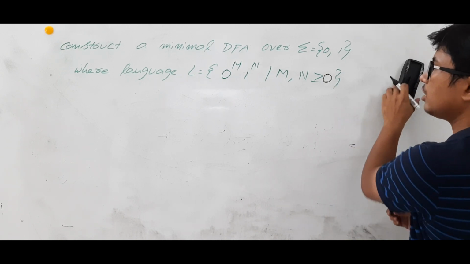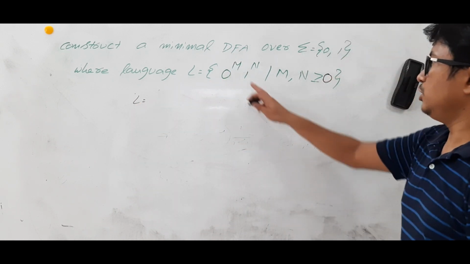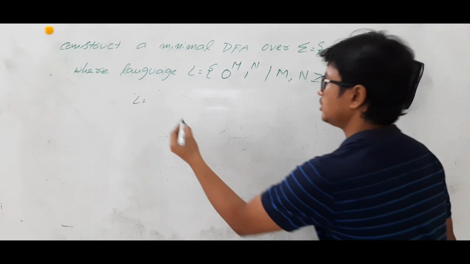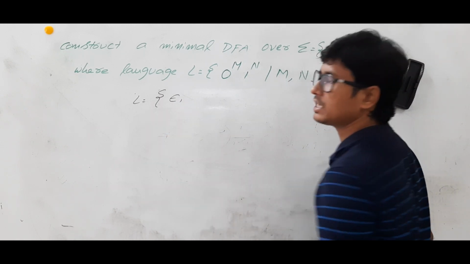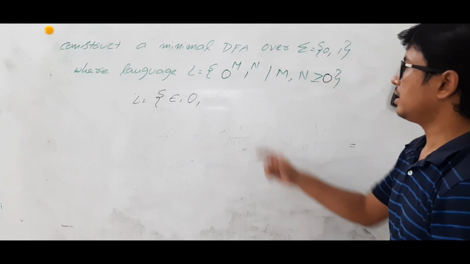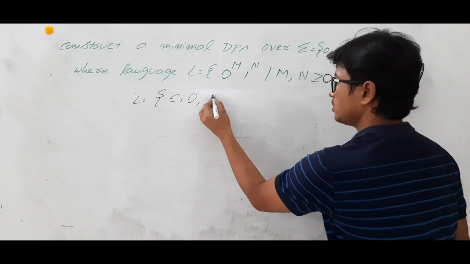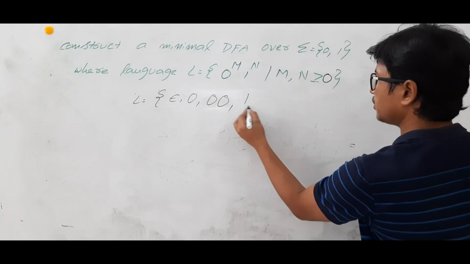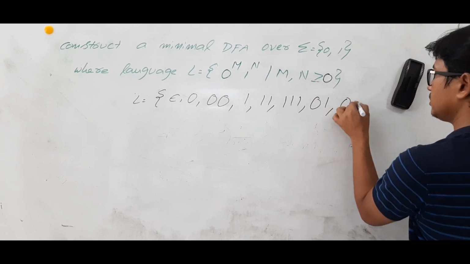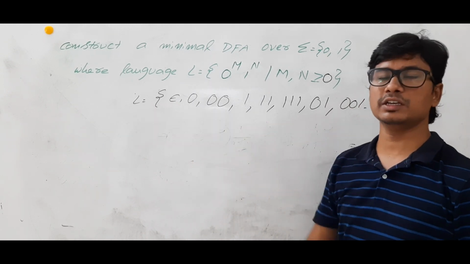If it is greater than or equal to 0, I can take the 0 value in M and 0 value in N. If both are zeros, then we take the smallest string as epsilon. And you may get a single 0 and ones you may not get, because if you take N value 0, there is no 1. So you can get 0, 00, or patterns like this, or patterns like this also. Is it clear? So the smallest string is epsilon.